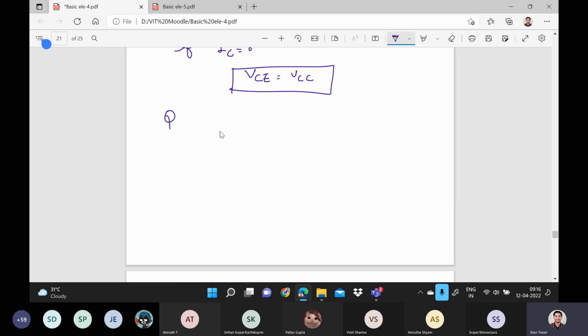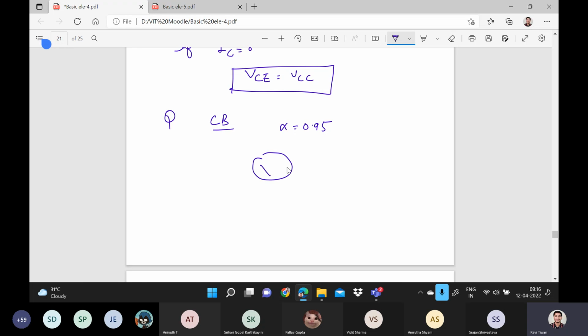Okay. First question. Suppose in a common base, alpha is equal to 0.95, and they are saying that the voltage drop across... Okay, I will draw the circuit, that's better.